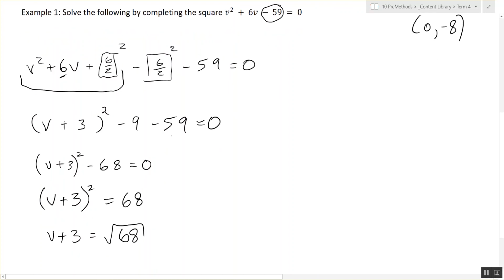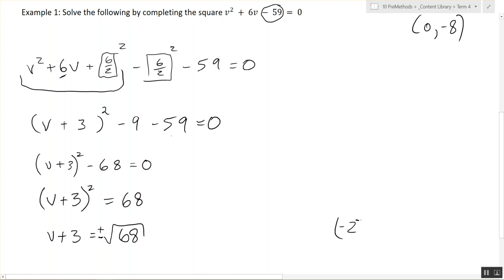Now when we do the square root, what do we need to put in front of the square root? 2. No. 1. Good try. You've never seen this before? You need to put a plus and minus. Why? Because if we squared both sides, it could be a plus or a minus. I'll show you.